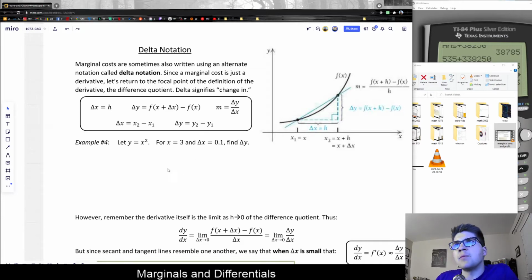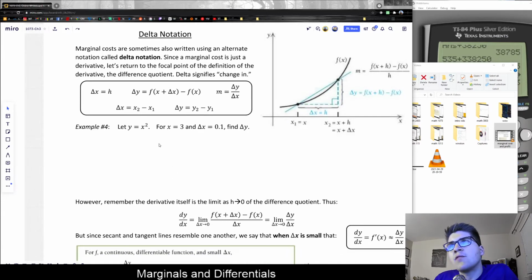So let's look at an example. It says let y equal x squared. For x equal to 3 and delta x equal 0.1, find delta y. We have a curve, and we want to know, as x changes, what happens with y. Let's apply this original formula, because we have our function, x squared.